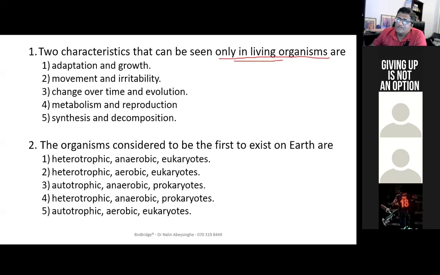Now we'll go one round first. Adaptation and growth. Yes, those things were mentioned in those seven characteristics. Movement and irritability. Movement, was it mentioned? No, it wasn't mentioned.